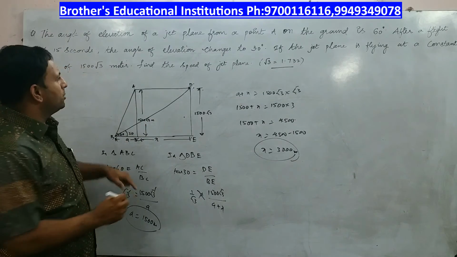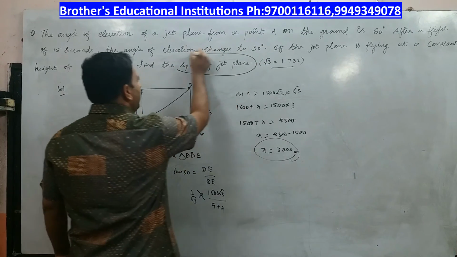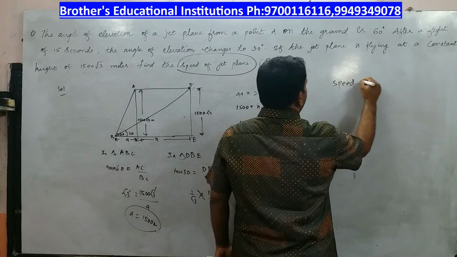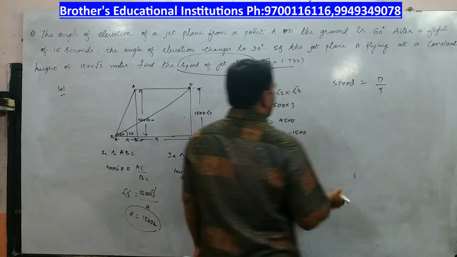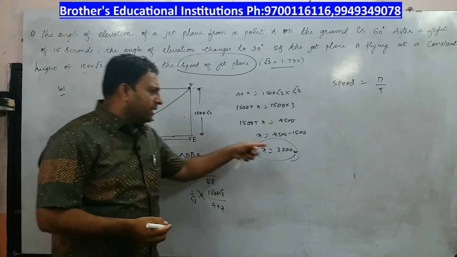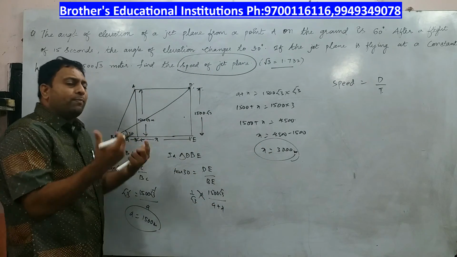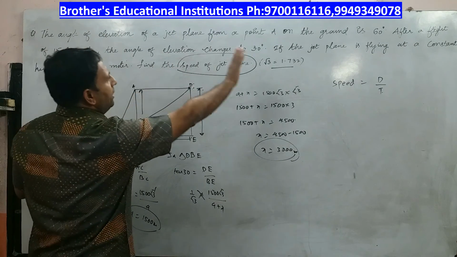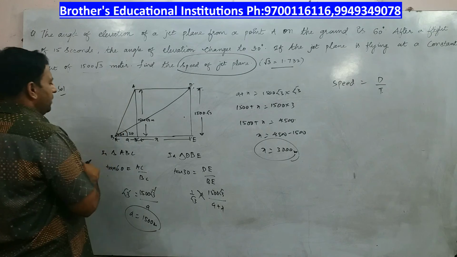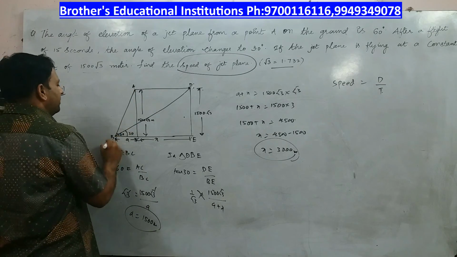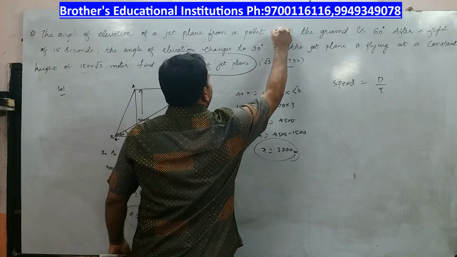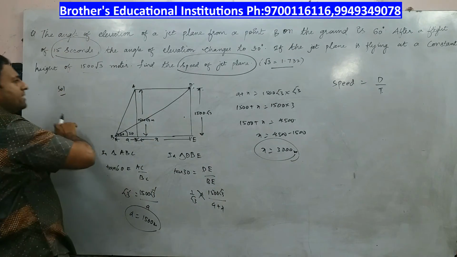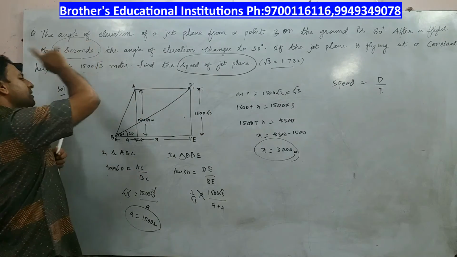What are we actually supposed to find? We are supposed to find the speed of the plane. When we are dealing with speed, we all know speed is equal to distance by time. Now, this 3000 meter distance, how much time did the plane take? Let us read the question again. After a flight of 15 seconds, which means from here to here, the time taken was 15 seconds.